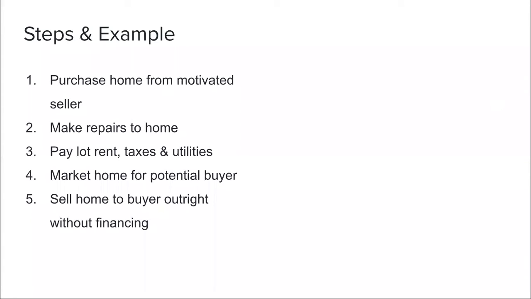Lot rent and utilities you're going to pay until your buyer buys a home and gets qualified through the community. So the next one is you're going to market the home for your potential buyer. And then lastly, you're going to sell the home to your buyer outright without financing after he or she has been approved in the community.